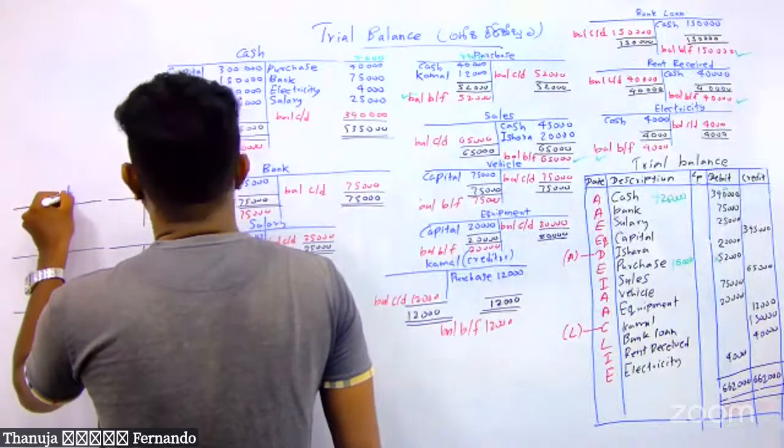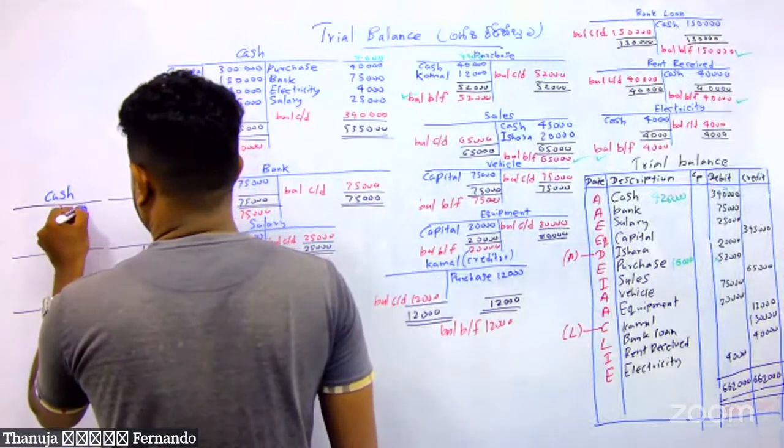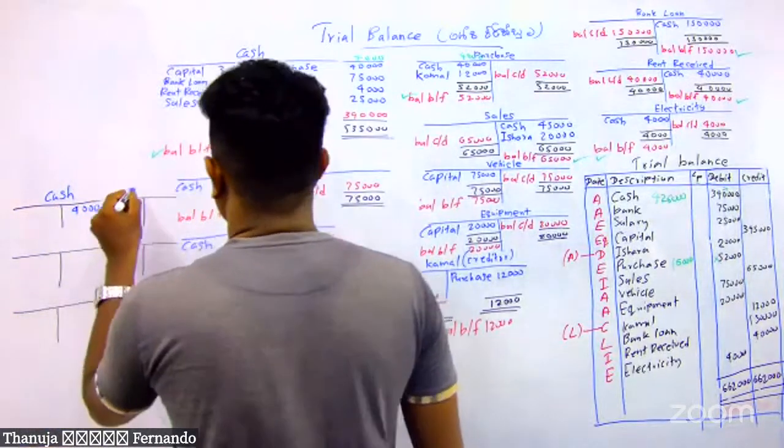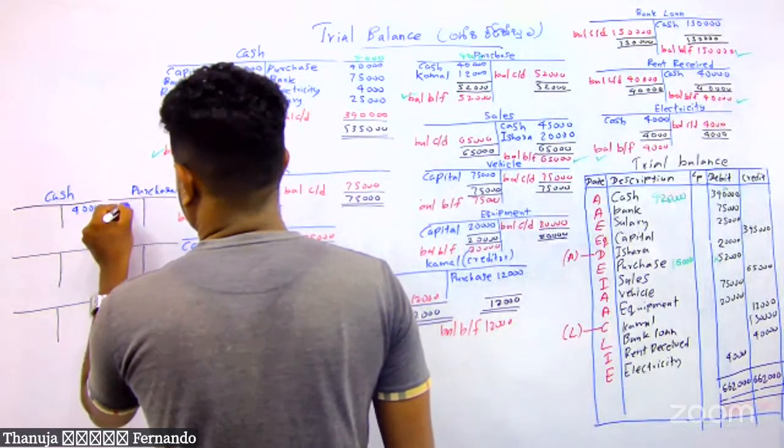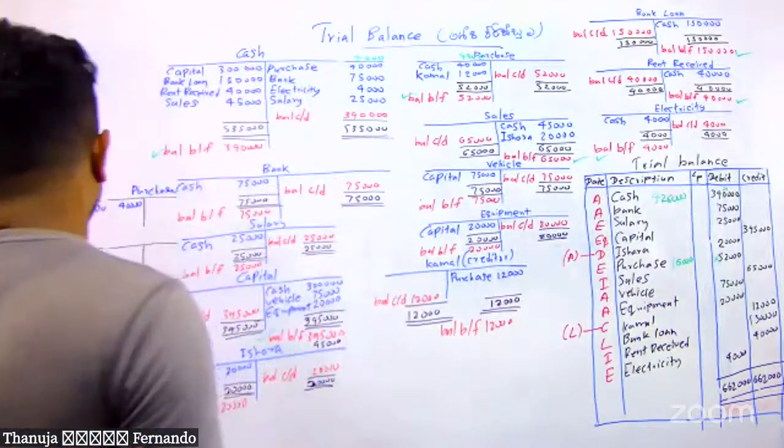ඒ කියන්නේ මොකද්ද? පළවෙනි එක දාලා බලමු. මෙතන කලින් වගේ වෙන්න ඕන දේ මොකද්ද? Cash book එක 40,000 credit වෙලා, purchase account එක 40,000 debit වෙන්න ඕනේ. හැබැයි මොකද්ද වෙලා තියෙන්නේ?